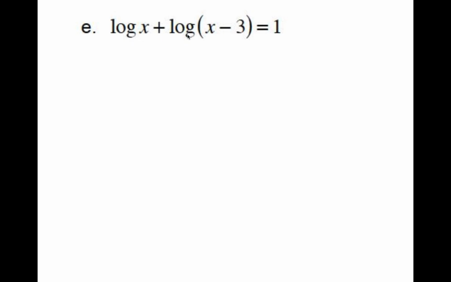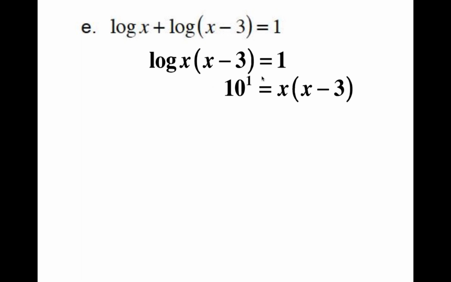Okay, we have multiple logs. These are going to get condensed to a single log term. And then the plus means I'm multiplying the x and the x minus 3. And then you can drop down the equals 1. Now that you have a single log term, you can do the hook. The hidden base is 10. So it's 10 to the 1 power equals x minus 3 times x.